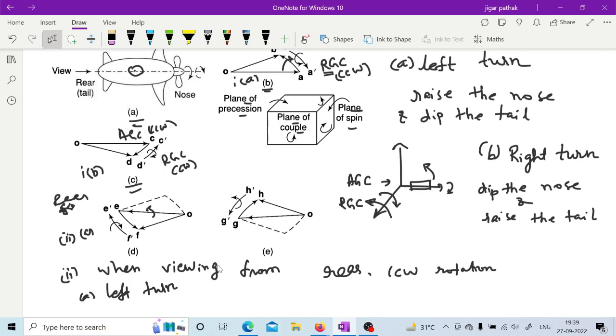Yes, the same thing will happen, because whatever this active gyroscopic couple is generated, it is in counterclockwise direction, so the reactive is in clockwise direction. This is reactive, and this is active. So the same effect will be there as in 1B. It will dip the nose and raise the tail.